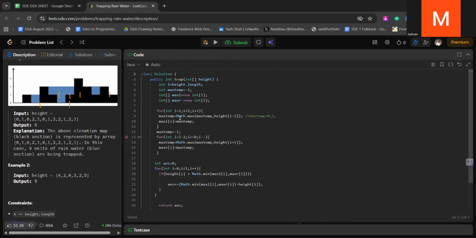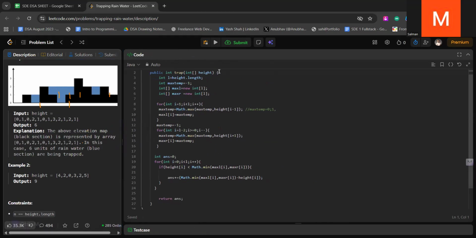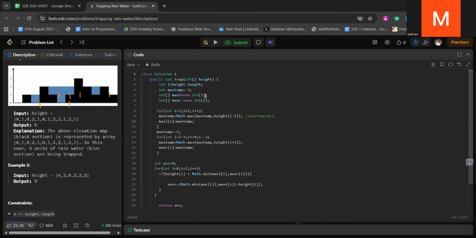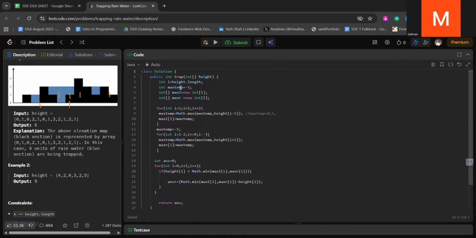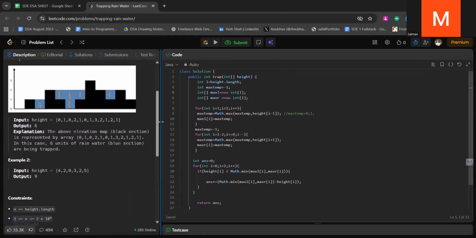What I did is, first of all, I took the length of the given array, right? And then I declared a maximum temp. I made a maximum left array, which will store the maximum of the left part of this array.